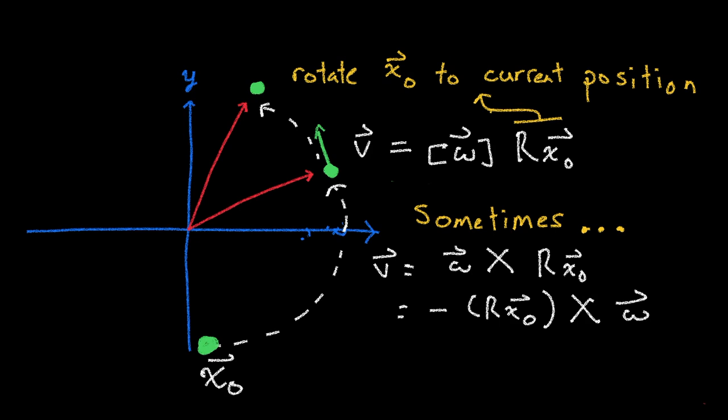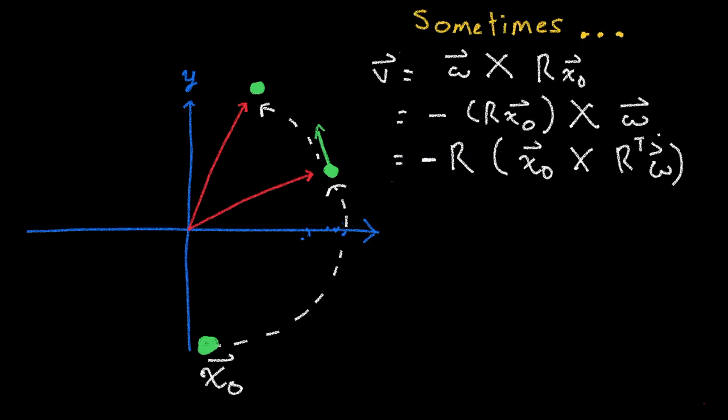Now we can factor out our rotation matrix R from the cross product expression. And that gives us something that looks like this, and this is just using standard identities for the cross product operation. And using this rearrangement, we can put this all back together into a more standard form.